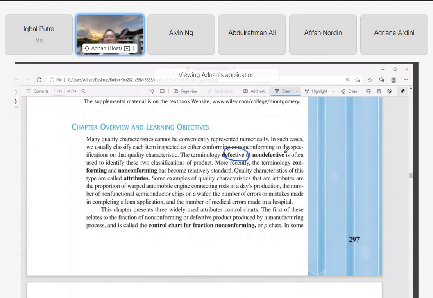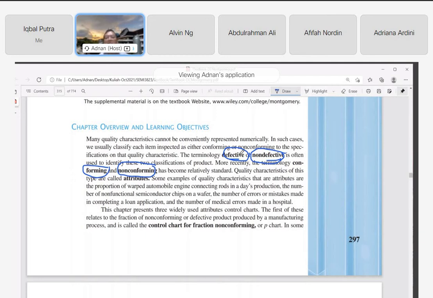In this ebook it also mentions defective, or the opposite, non-defective. The keyword here is defective. Conforming or non-conforming. Conforming means good, non-conforming means bad. It's not passing the requirement.